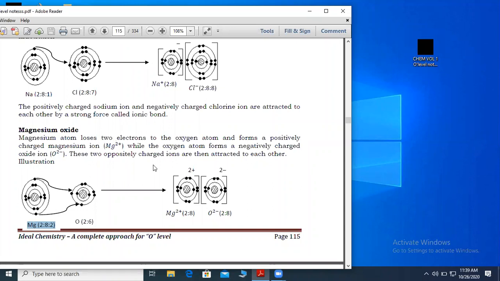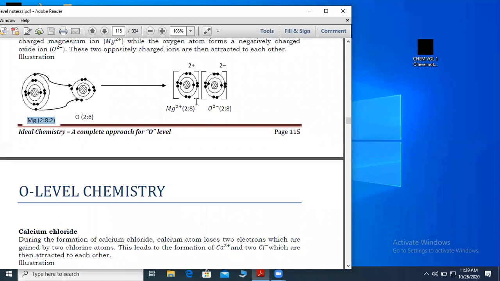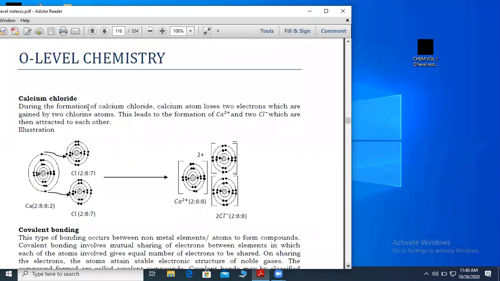So atoms only struggle to have 8 electrons in the outermost shell. So magnesium that loses the 2 electrons will become positively charged, and oxygen that gains 2 electrons will have 2 negative charges. And the symbol is there, magnesium oxide. So the 2 oppositely charged ions will attract each other like that. And the formula will be magnesium oxide.